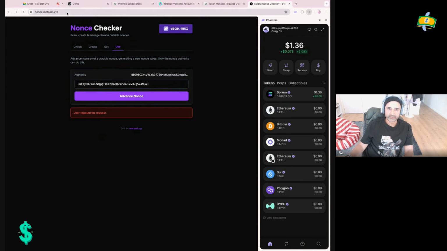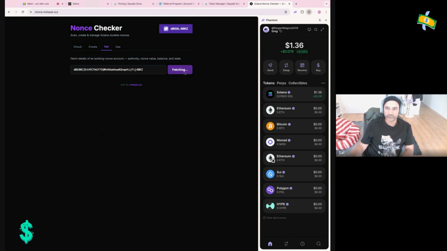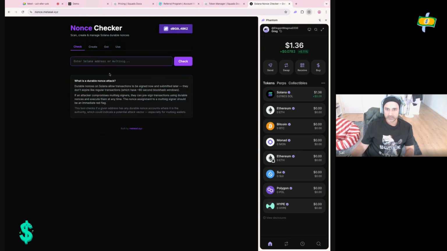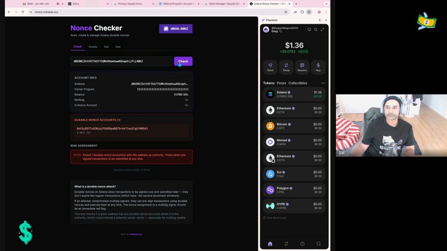So I've made this tool to check what people have. If you're unsure of your own wallet, because if you've ever, oh, that's not good. I don't know what that's happening. Oh, that's the wallet. That's right. Yeah, there you go. So there's one nonce which could be dangerous. So feel free to use this tool because I'm not logging anything.